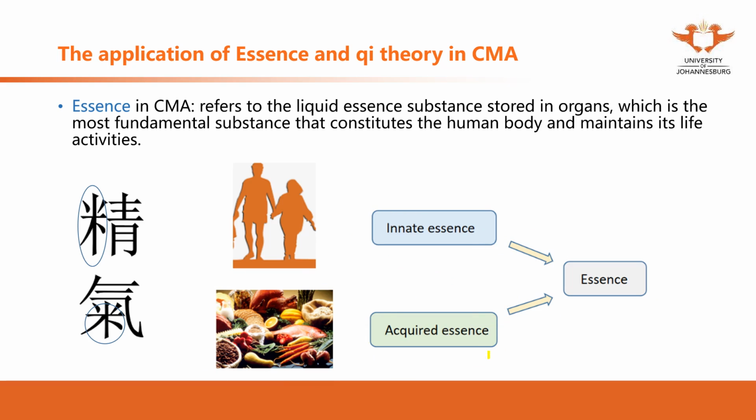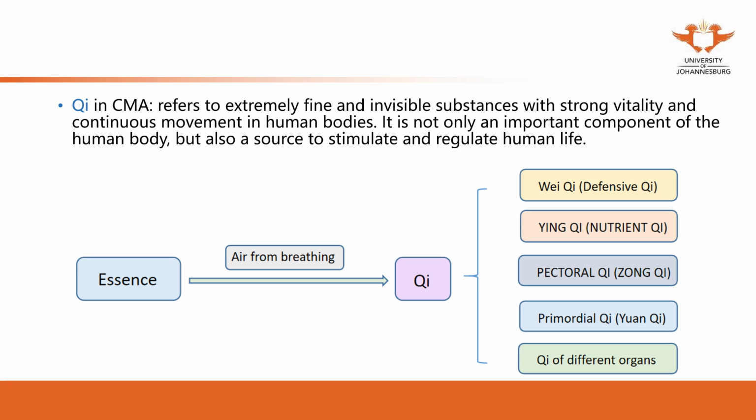So from this definition, you will see the differences of essence between the philosophy field and Chinese medicine. The qi in Chinese medicine also refers to an extremely fine, invisible substance with strong vitality and continuous movement in the human body. As you can see here, the essence and qi in the physiological field is actually the qi in Chinese medicine.